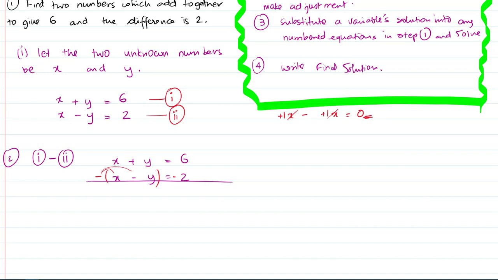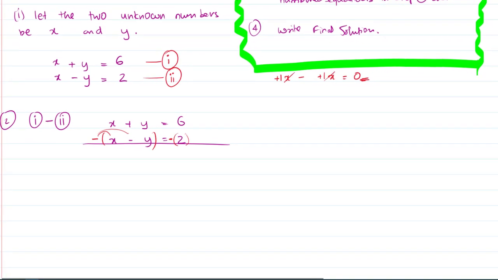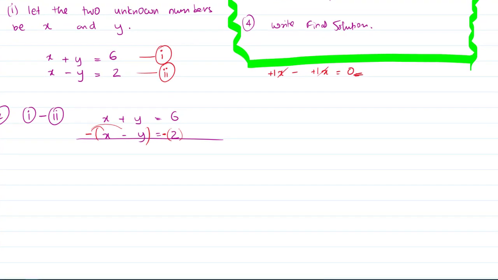Whatever is inside the bracket could be a positive or a negative number, and then I have a negative sign here. So if I subtract x with x, I'm going to have a 0 here.